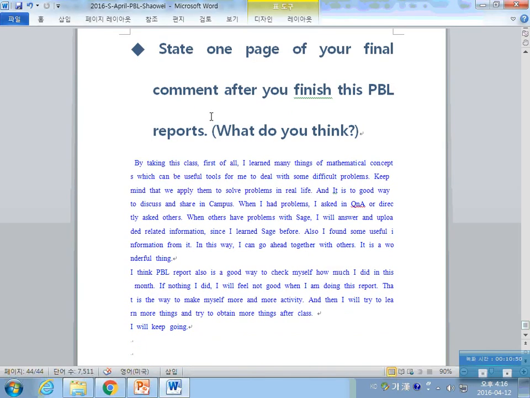When I finished the report, I wrote down that we learned many kinds of mathematical concepts from this class, especially matrix theory.